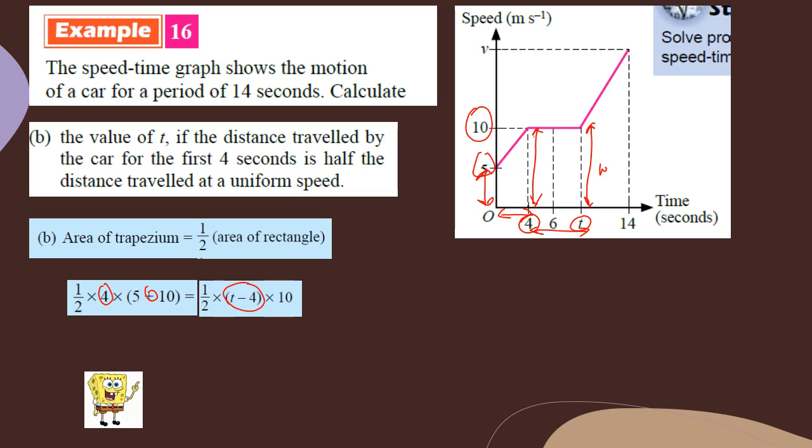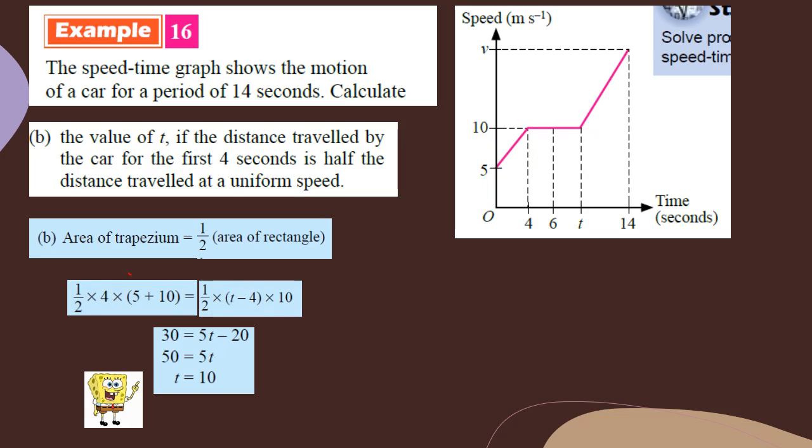Do you see here, you have one equation and one unknown. Of course, you can find t. So this one is the t, and this one is 5t minus 20. You simplify, and you'll get t equal 10. So you have answered the question.